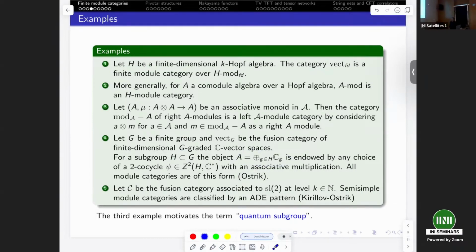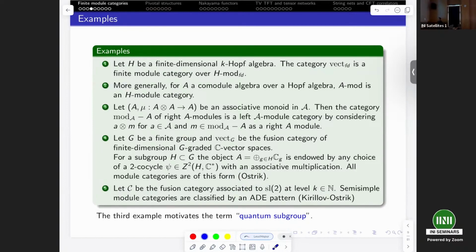Now let's suppose we do not twist the associativity on Vect_G. Then you can define a multiplication on this object A given a two-cocycle, and that gives an associative multiplication. One can classify such module categories, and this classification result is a very classical result of Victor Ostrik.